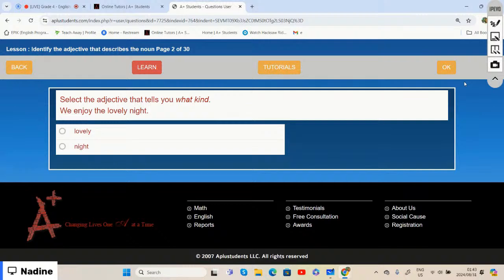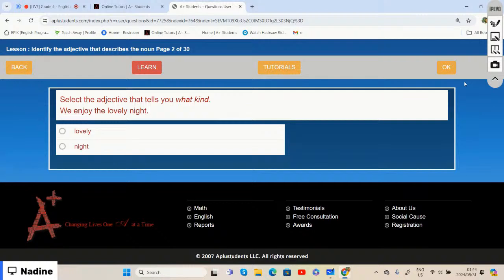All right, the next one says we need to select the adjective that tells you what kind. We enjoy the lovely night. So we need to select the adjective that tells us what kind. We enjoy the lovely night.